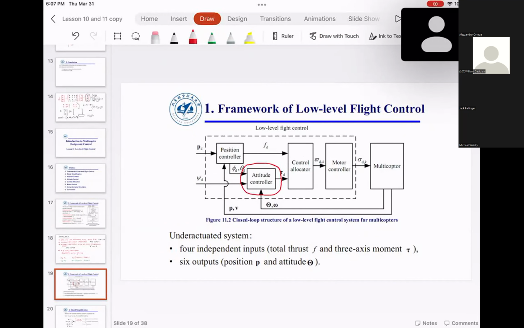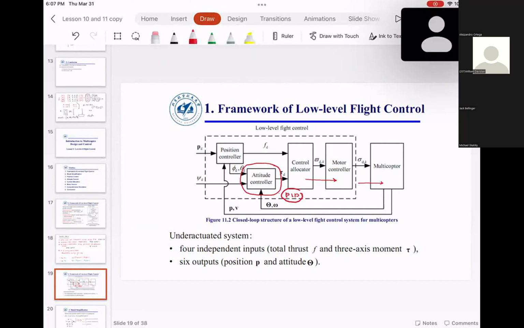And this attitude control is basically controlled using a simple PID that is running in the innermost loop. This PID would signal out to the motor controller, which in our case is the motor mixing algorithm, and that would then stabilize the multicopter.